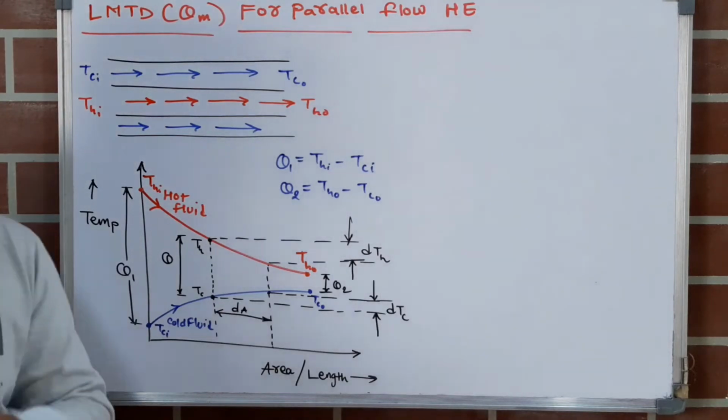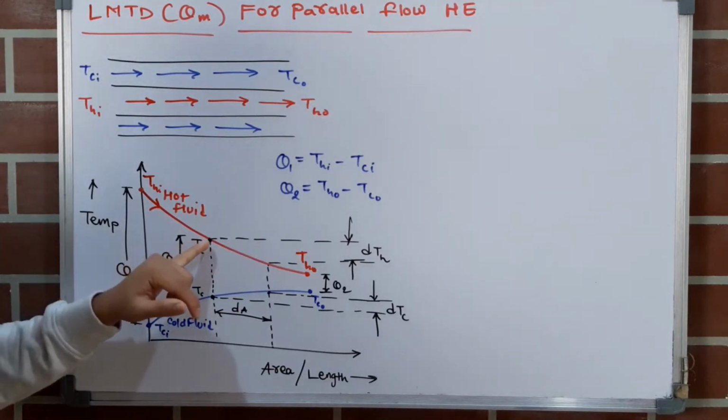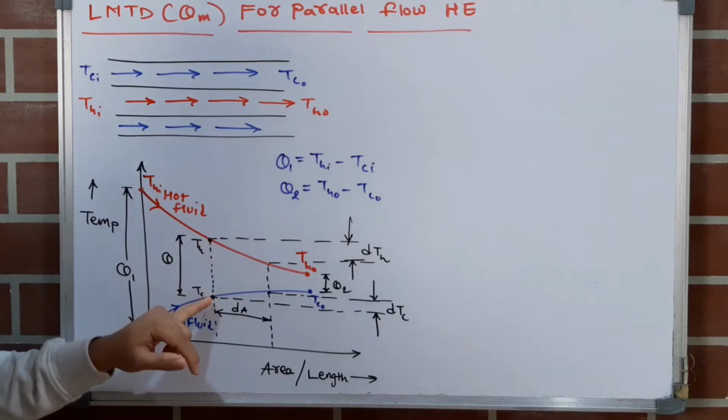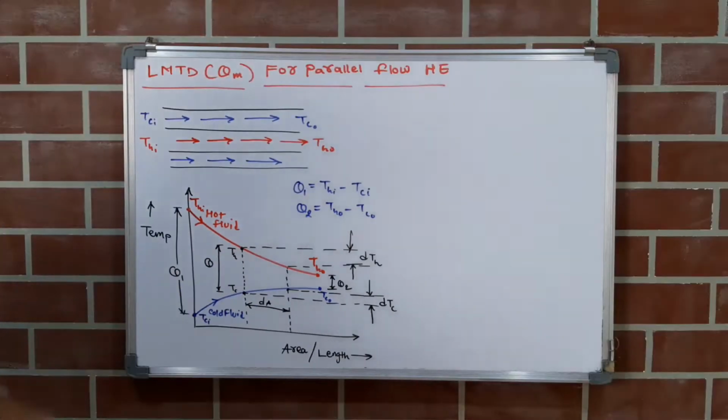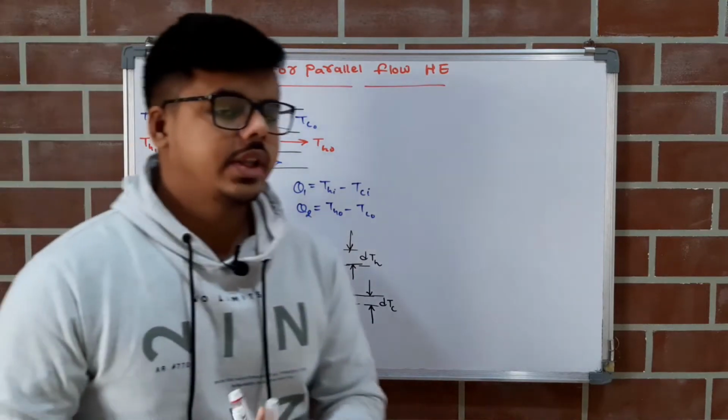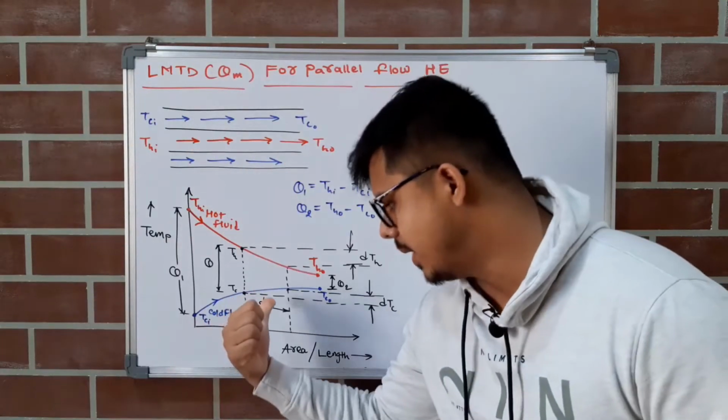At any instant of time, let's say the temperature of the hot fluid is Th and the temperature of the cold fluid is Tc. Now we will consider the heat transfer rate through this elemental area.